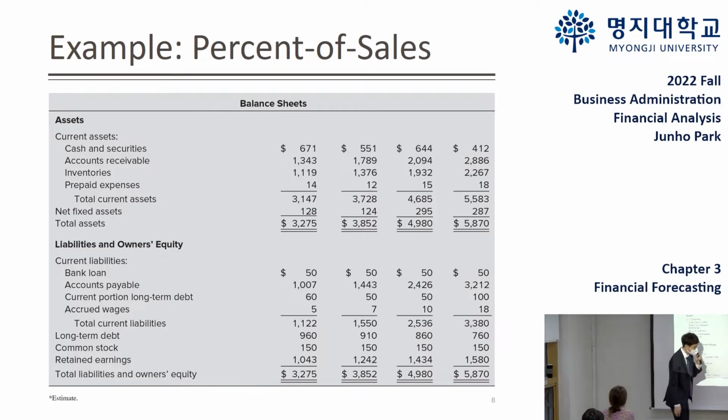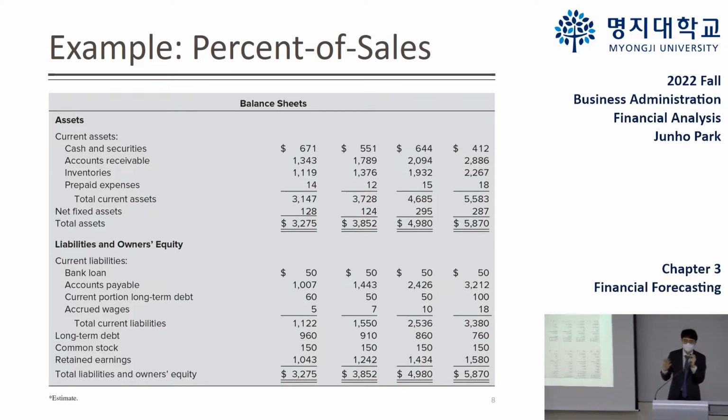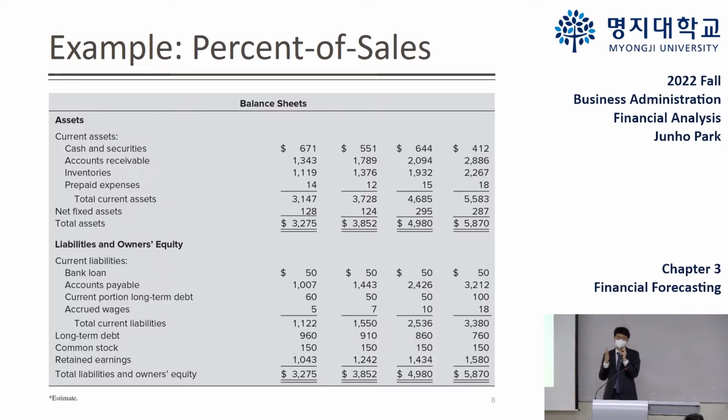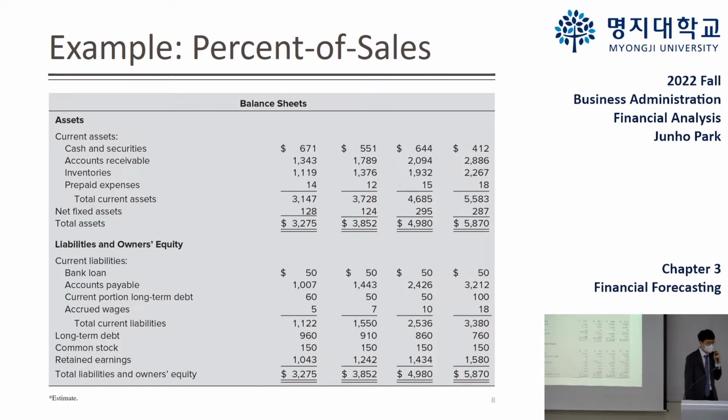The prepaid expenses are the money that you have to pay, but not this time. You have to pay that money later, but eventually you paid it first, so that in the future you don't have to pay a certain amount of money to other stakeholders. So this is not related to your sales. So the prepaid expenses are something like this.